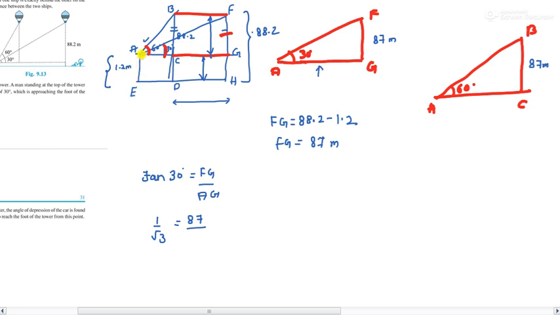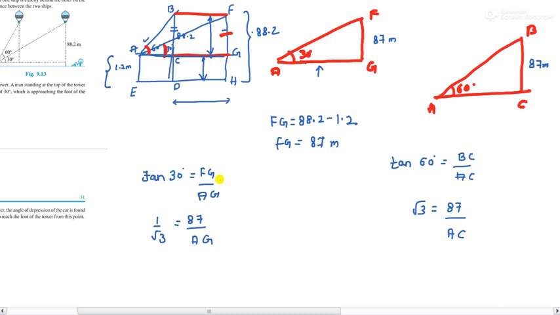We don't know the value of AG, so I'll write it as it is. Now coming to the second figure, tan 60 degree is equal to BC by AC. Here tan 60 is root 3, BC is 87, and what about AC? AC we don't know, so I'll keep it as it is.